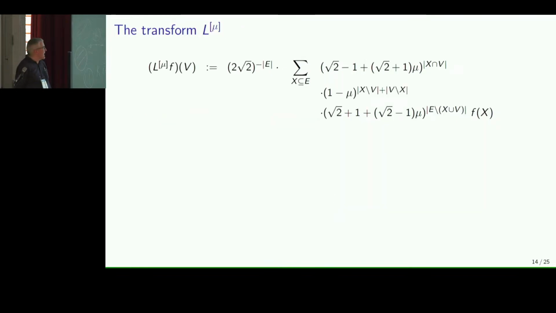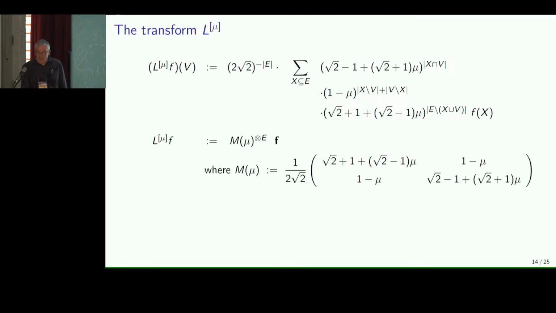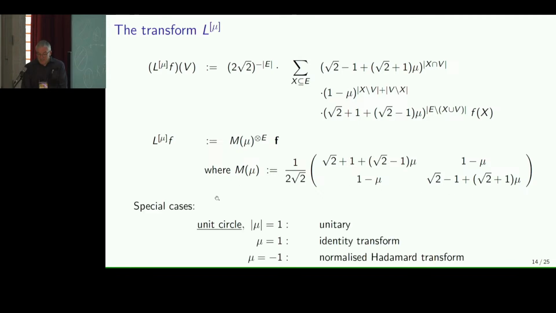And again, I don't want to dwell too much on the significant technical details in this family of transforms, but we have a whole lot of transforms here, one for each complex number mu. Again, it's convenient to express them in Kronecker power form, where this time we use this particular matrix. And some special cases: this matrix is unitary precisely if mu, our parameter, is on the complex unit circle.